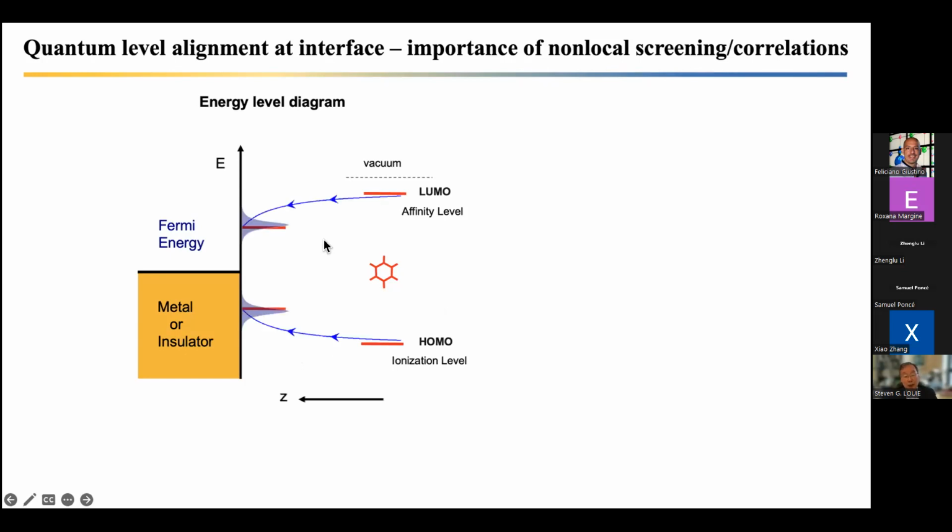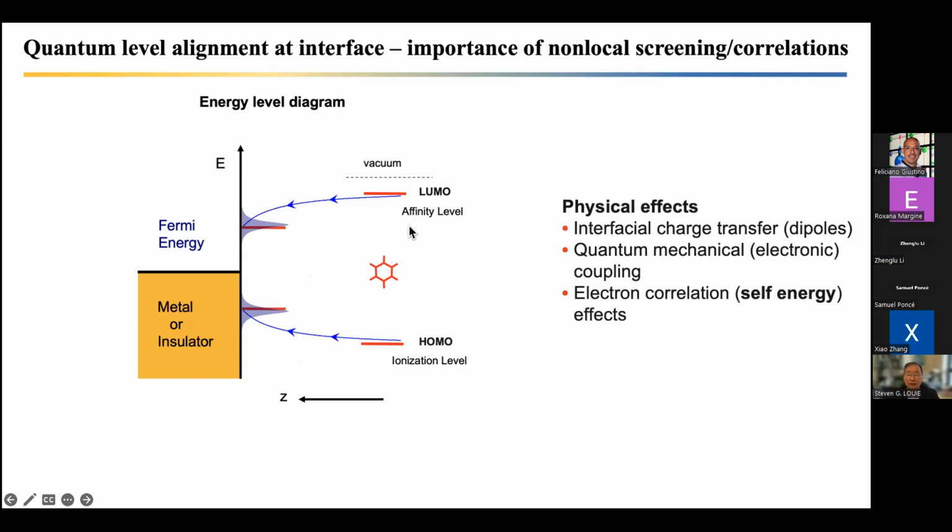And in general, you would expect that as you move the molecule toward the metal, the molecular levels, the HOMO and LUMO, will be modified. They will be shifted and then broadened through interaction effects. And in general, you're able to think about this in terms of several processes.